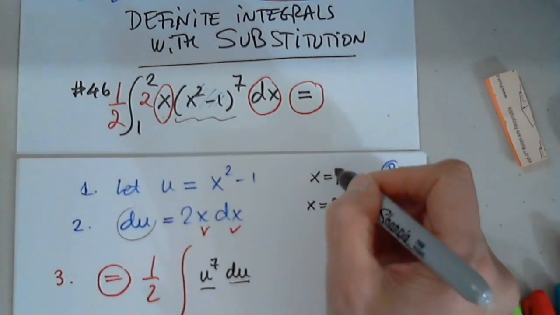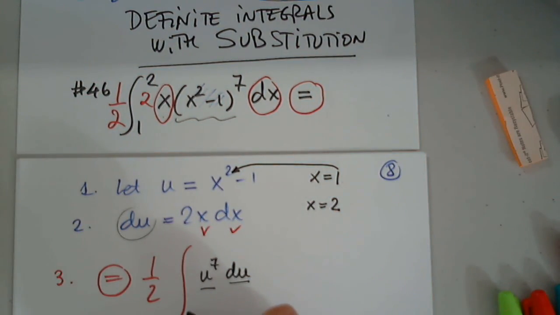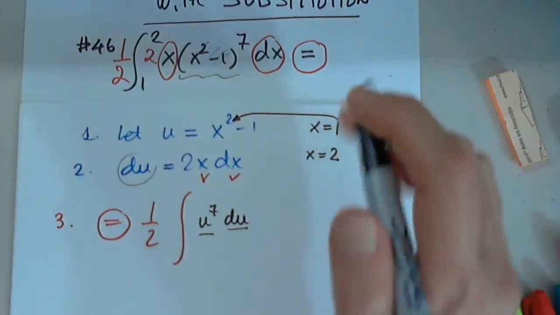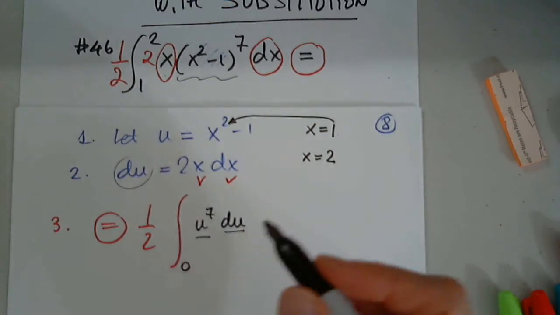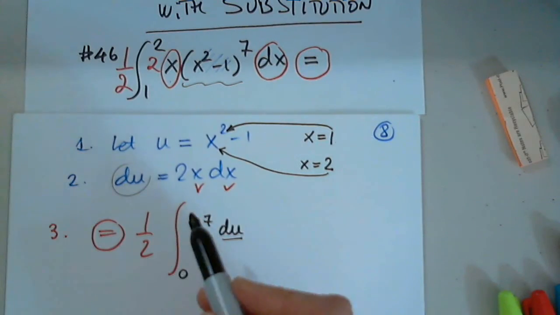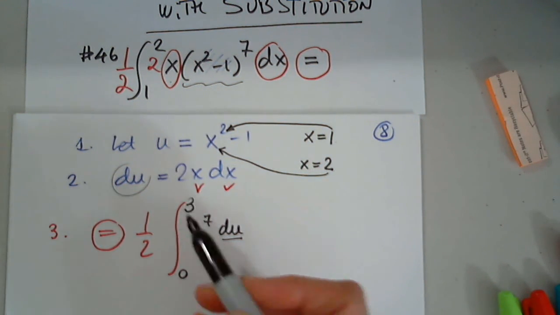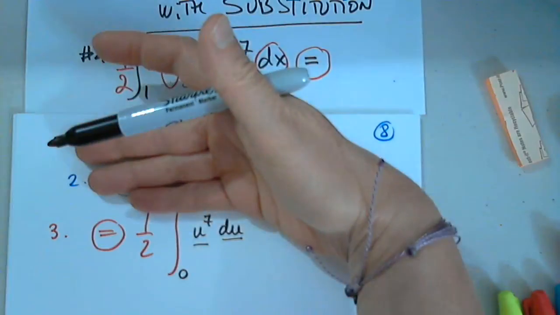Very simple. For the lower limit, I plug in 1. What do I get? 0. Excellent. To find the upper limit of u, I plug in 2. What do I get? 3. Excellent.